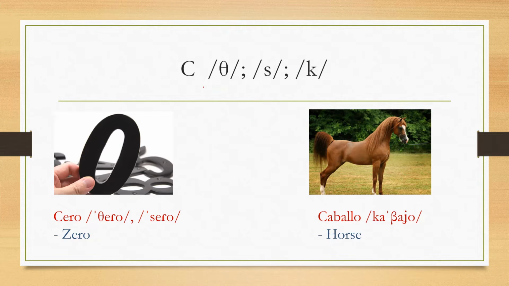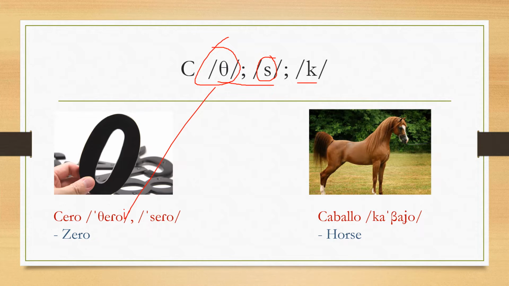The next is C. This has two distinct sounds: a sound of an S, a sound of a K. The S sound sounds different in Spain. In Spain they say tha, the TH as in thing, while in other countries it is a normal S sound.